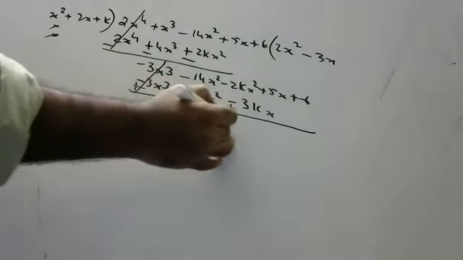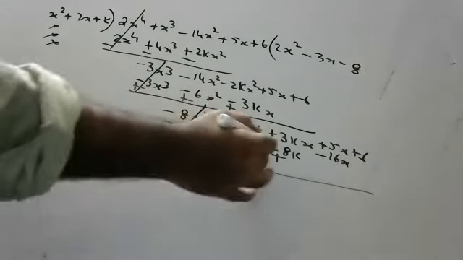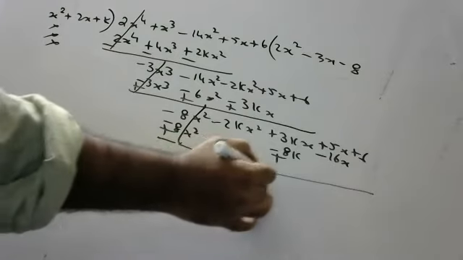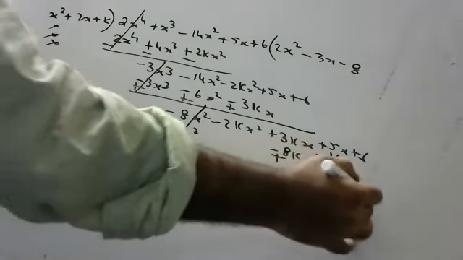Now this with this, how much do you get? Minus 8. Minus 8 into x square is minus 8x square. Minus 8 into plus 2x is minus 16x. Minus 8 into k is minus 8k. This is plus, gone. This will come minus 2kx square plus 8k plus 3kx minus 11x plus 6.